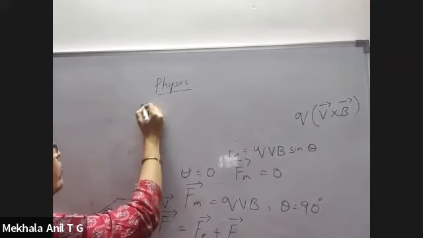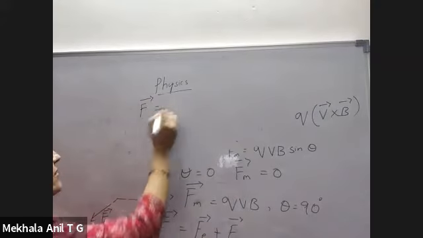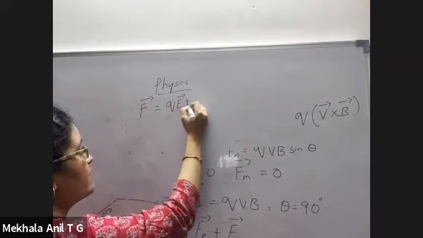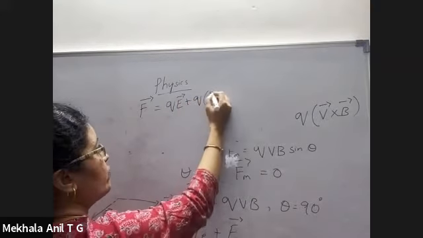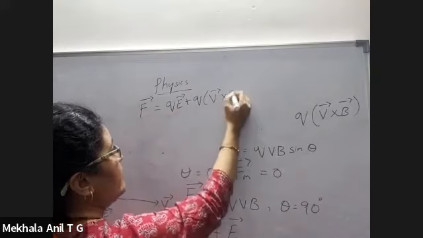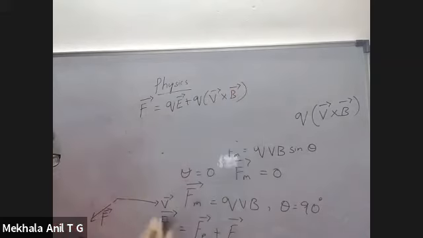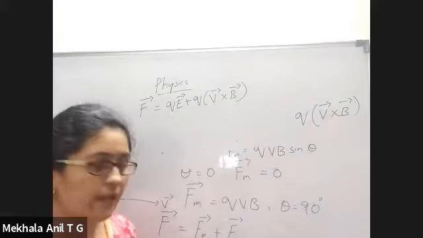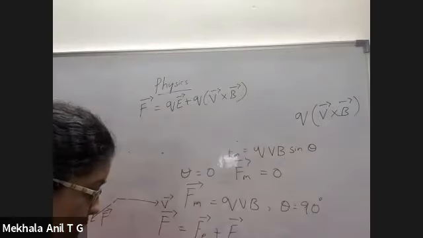So the Lorentz force F is equal to QE plus Q into V cross B. This constitutes the electric component and this constitutes the magnetic component.